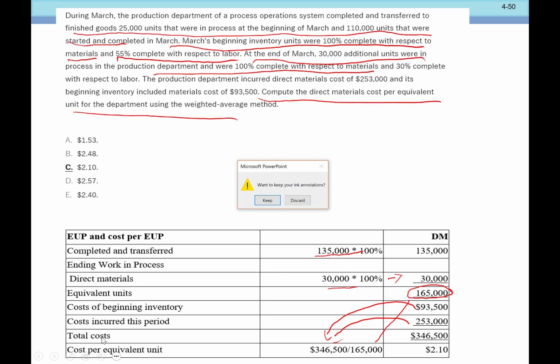And then you could add the costs. Just trying to think the best way to do this.